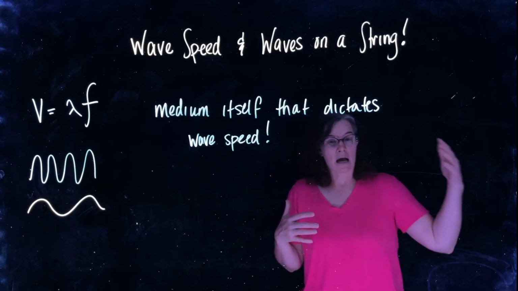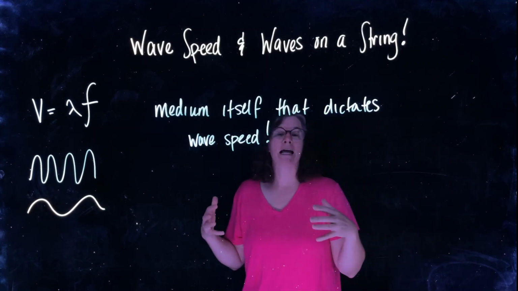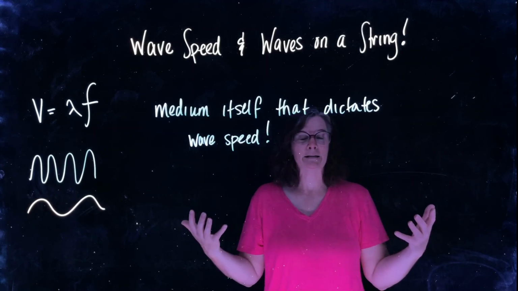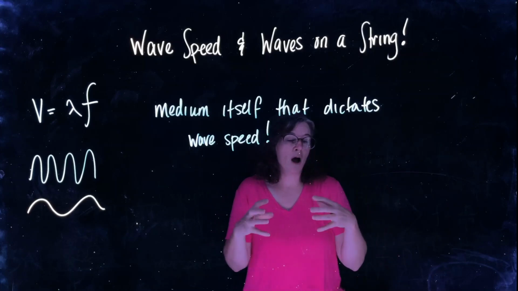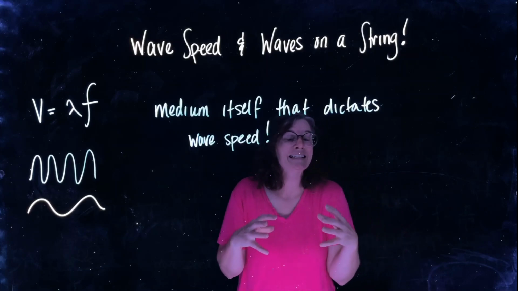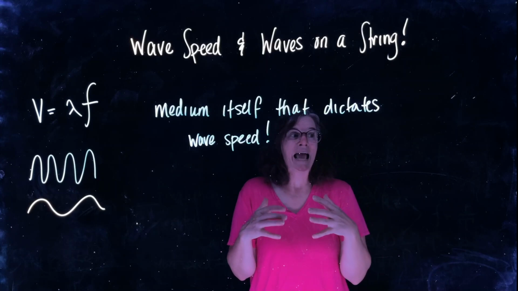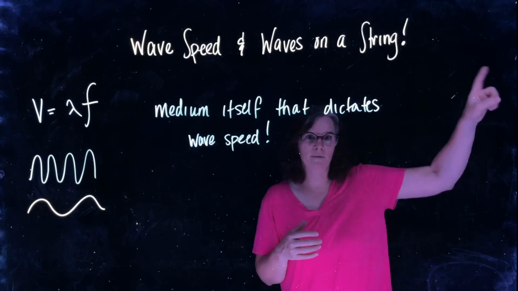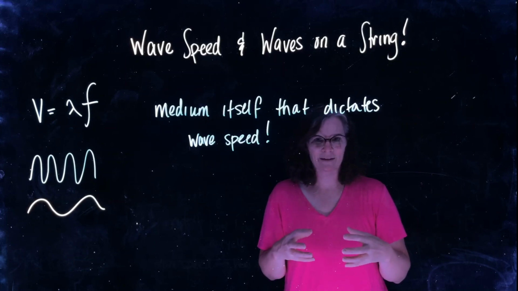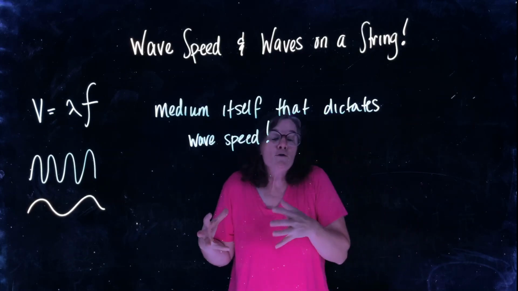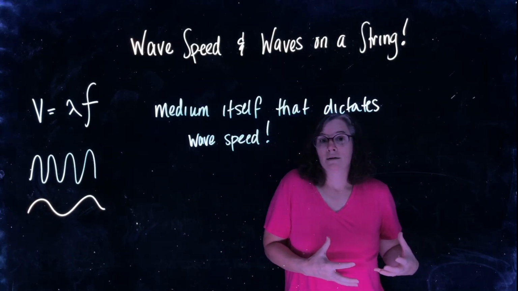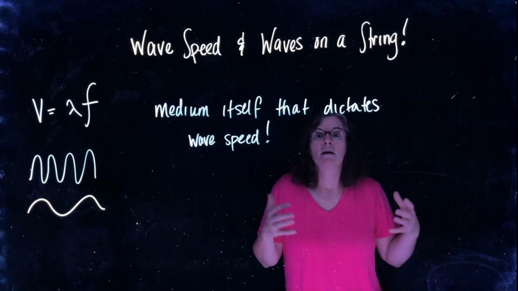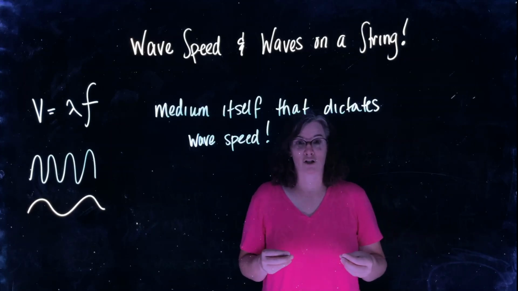Well, sound travels through air at a certain speed. When I move into water, with slightly tighter knit molecules, energy can transfer through that much more quickly, and the sound gets to us from that far away boat much more quickly. If I move that sound into a solid, the sound travels even faster.